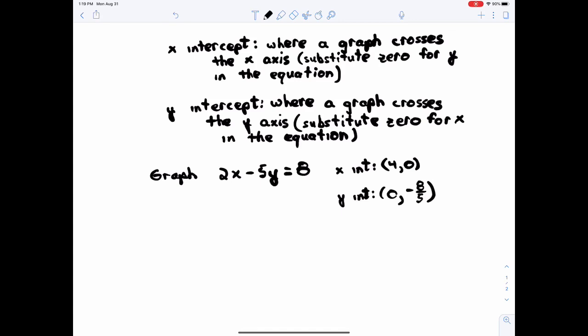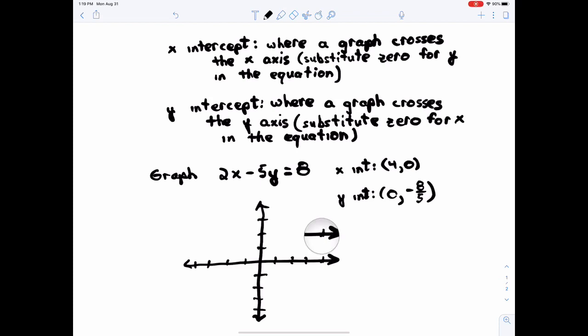And now all you got to do, and again, I'll come back and go through that. Gosh, that's a nice line there. Okay. All you got to do is plot the point (4, 0), which is right there.